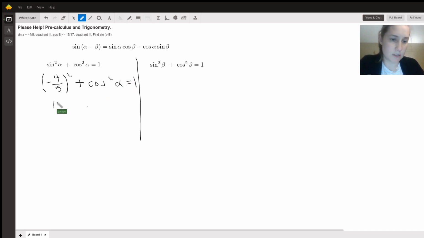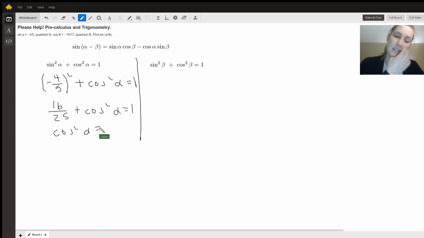This becomes 16/25, equals 1, and cosine squared of alpha is going to be 1 minus 16/25, which is 9/25. Take the square root of that, and we get that cosine of alpha is 3/5.